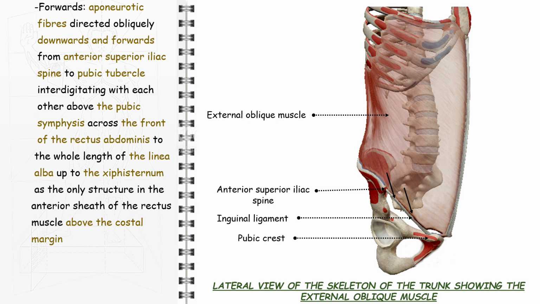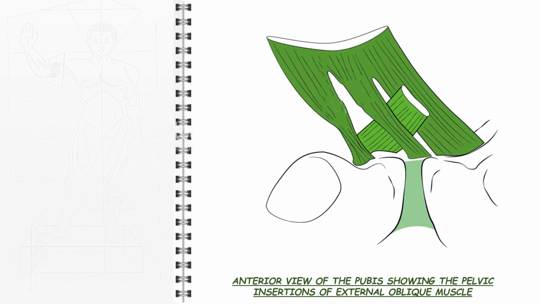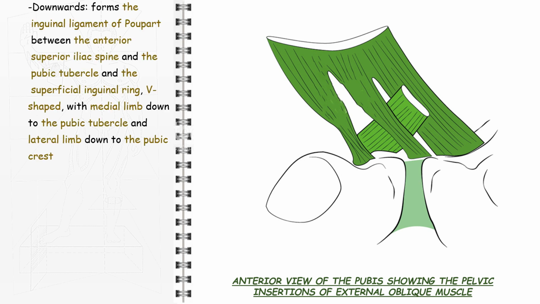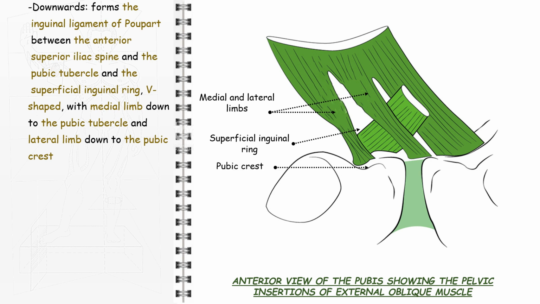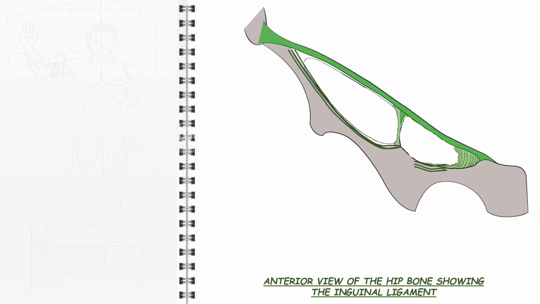above the costal margin. Downwards, it forms the inguinal ligament of Poupart between the anterior superior iliac spine and the pubic tubercle, and the superficial inguinal ring, V-shaped, with medial limb down to the pubic tubercle and lateral limb down to the pubic crest. The inguinal ligament extends from the anterior superior iliac spine to the pubic tubercle.